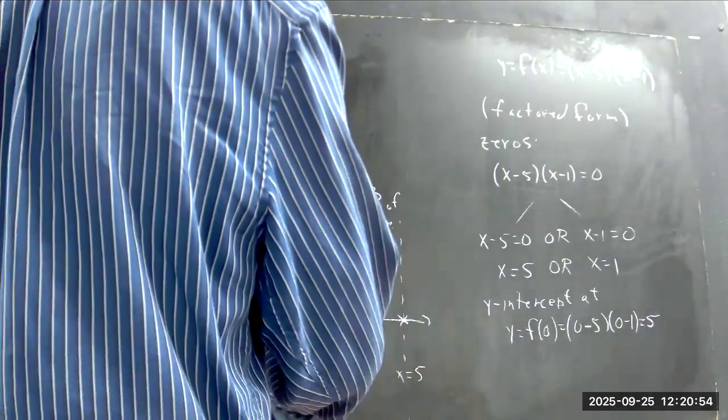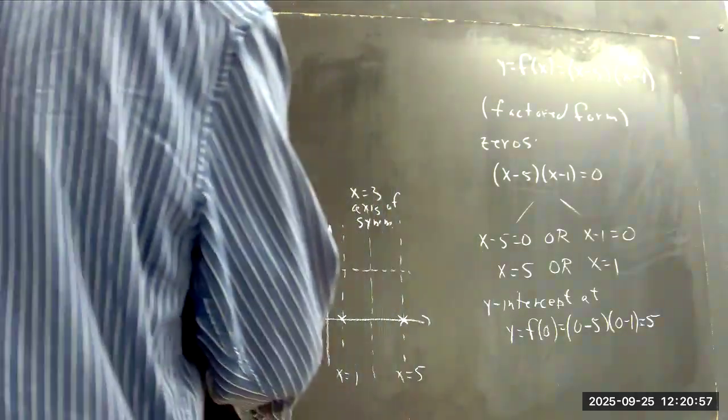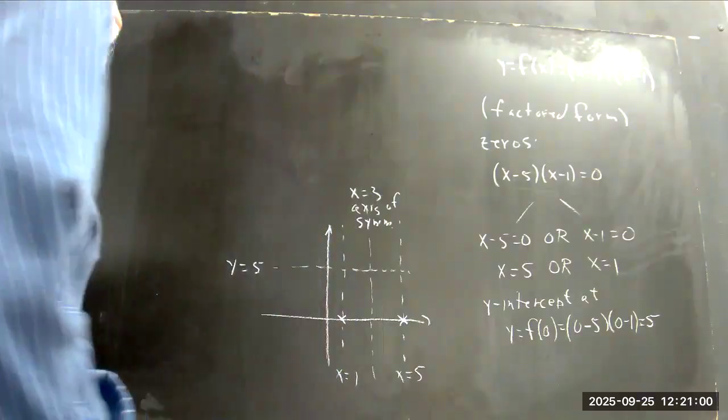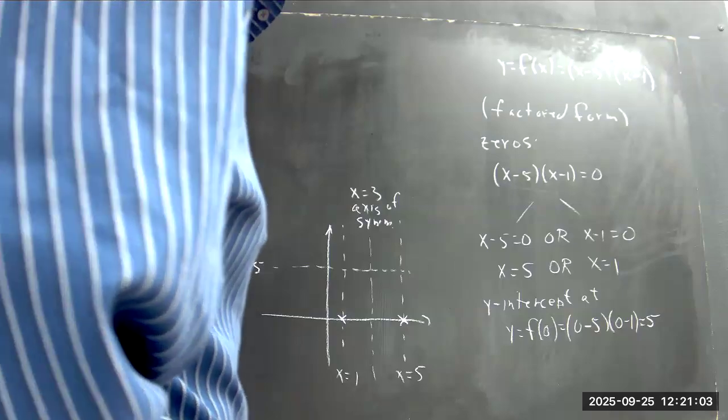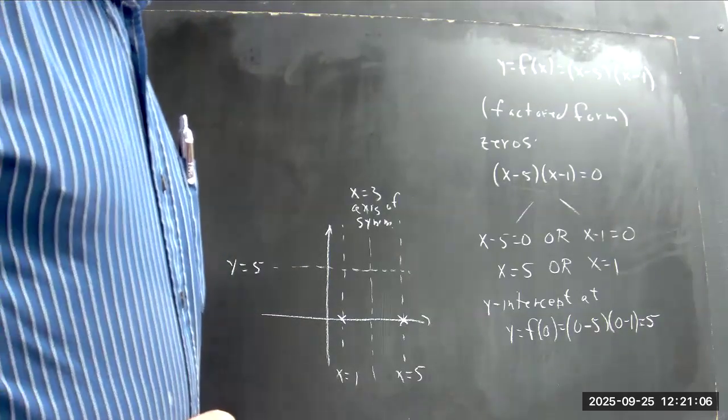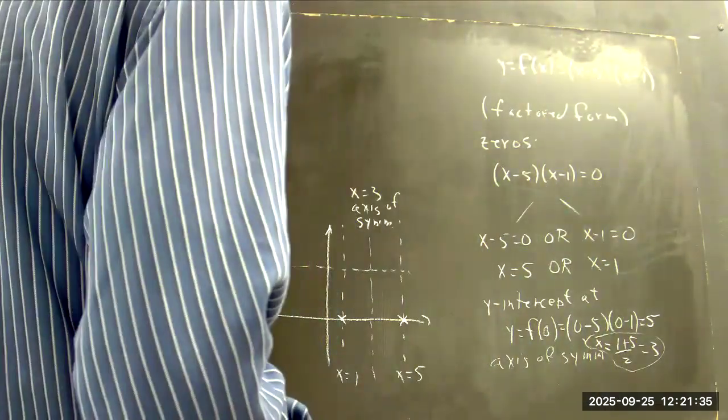So we can go ahead and say, okay, well, just put y equals 5 here. We might have to rethink that in a minute, but let's just do that. Okay. And then if we want to do formal calculation, it's 1 plus 5 over 2, which is 3. And it's x equals 3. I'm sorry, I kind of slopped it, but I'm going to leave it the way it is. There's your axis of symmetry.